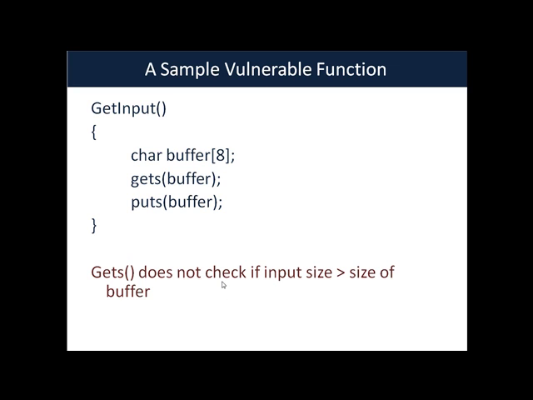So the important thing to note here is that gets itself does not check the input size, and in many cases it could be greater than the size of the buffer, which will result in an overwriting of adjacent memory locations. Now, why is this a security vulnerability?